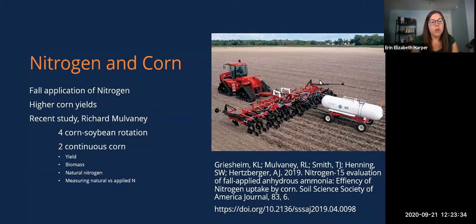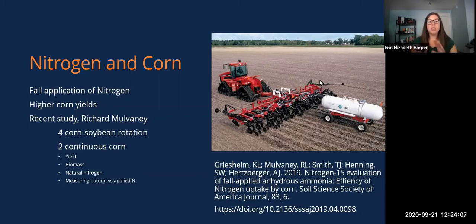They had 4 corn and soybean rotation fields and 2 continuous corn. Because these are standard large corn and soybean fields, they were able to do multiple application types across these fields and look within the same field that has been farmed the same way by the same person for several years. They could see how these different applications actually impacted the corn yields.